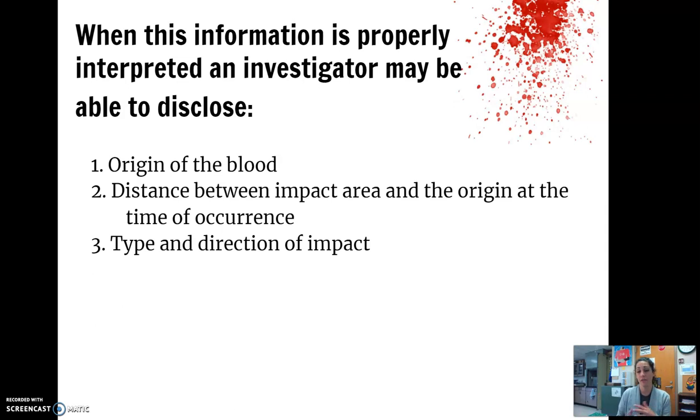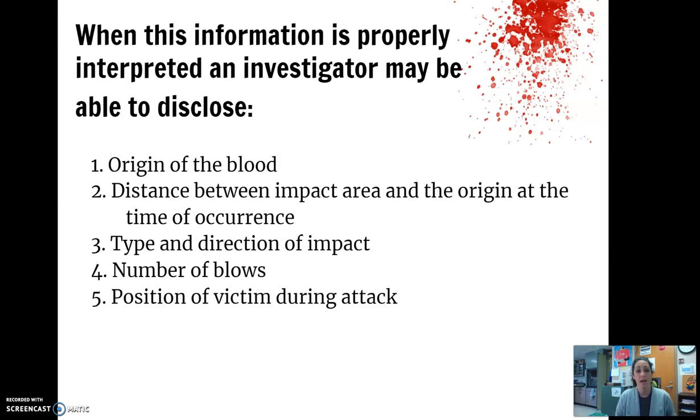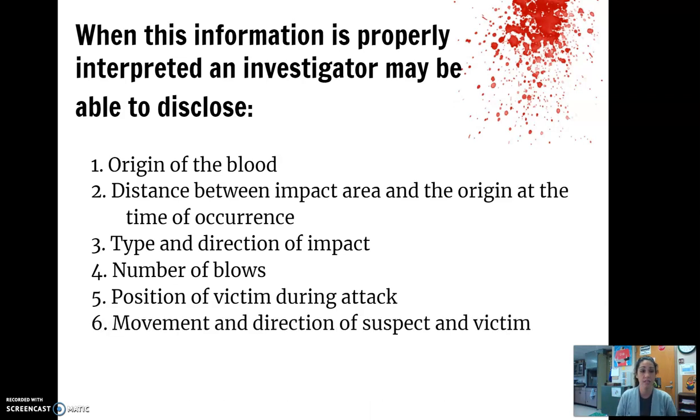So the type and the direction of the impact, so where it came from. Was it a big heavy object? Was it a knife? Was it a gun? They can tell what it came from, how many blows there were, the position of the victim, facing which way, standing up, sitting down, lying down, all of those things.